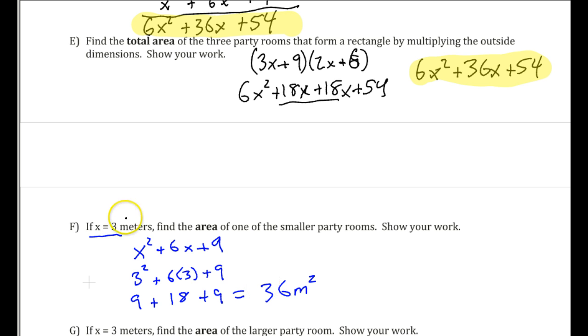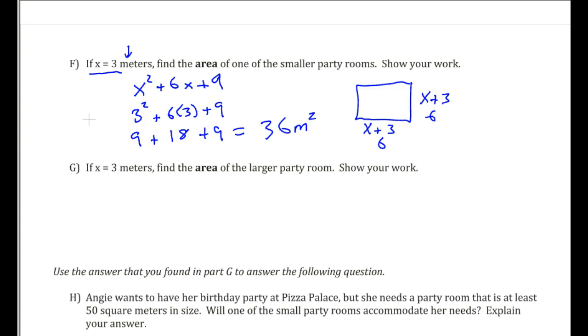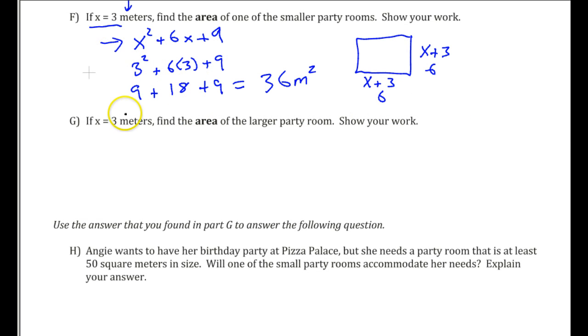And we'll say square meters since the units are meters. Likewise, you could have said that, well, it's going to be x plus 3 and x plus 3. That was the diagram. If you plugged an x into here, you would get 6 times 6, which is also 36. So whether you plugged it into the base and height and multiplied, or if you plugged it into the area polynomial, you both get 36.